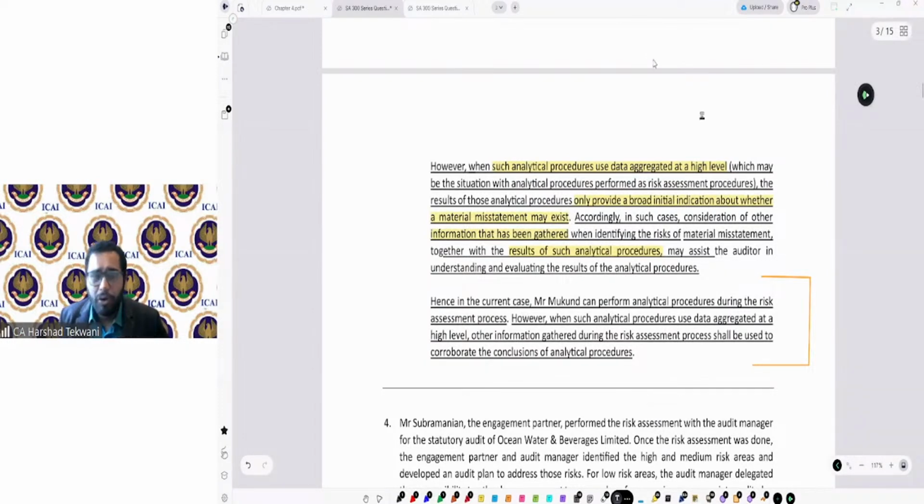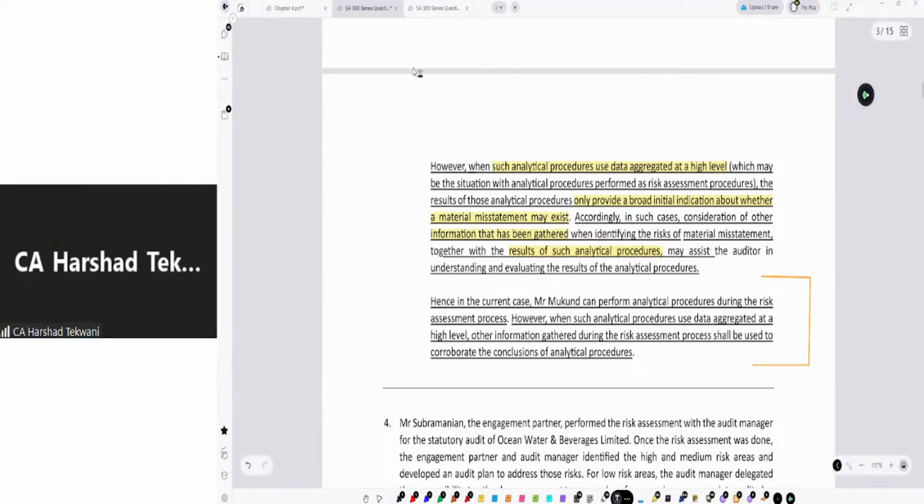Clear? Any doubt till now, guys? Any doubt with respect to the answer to this question? Any doubt?